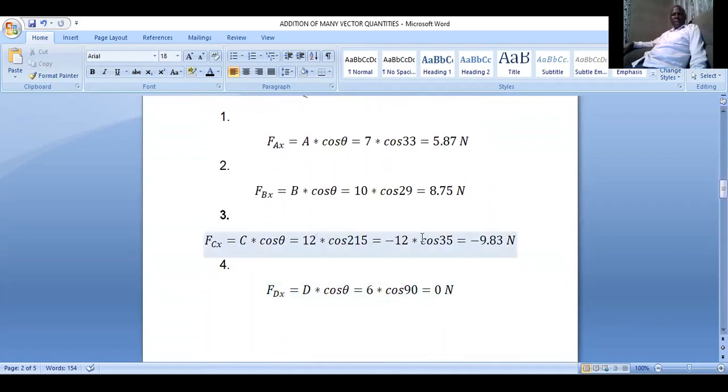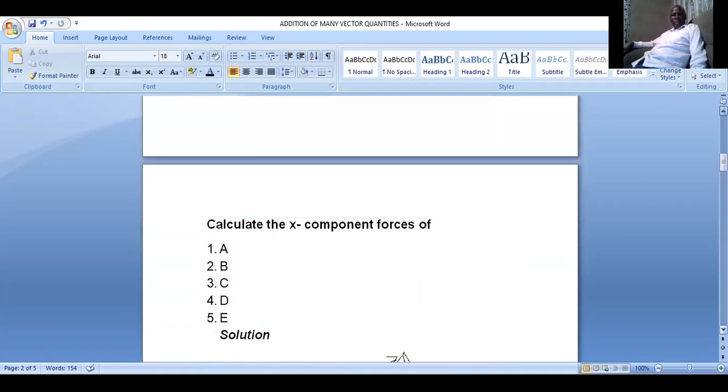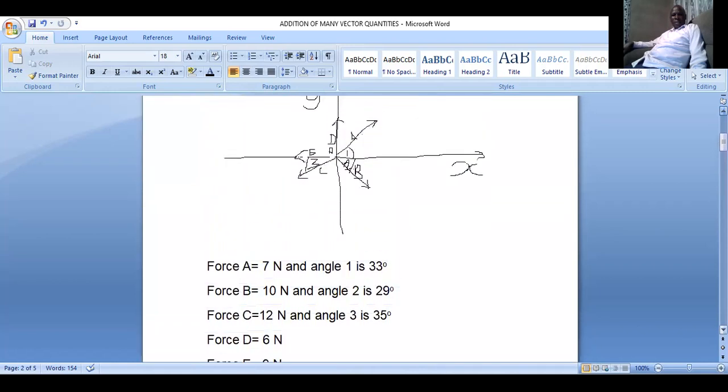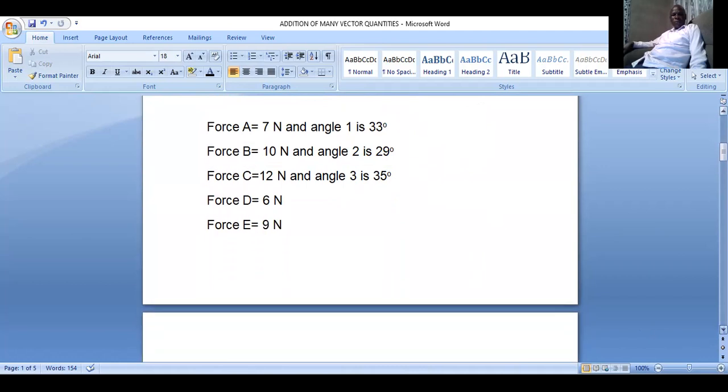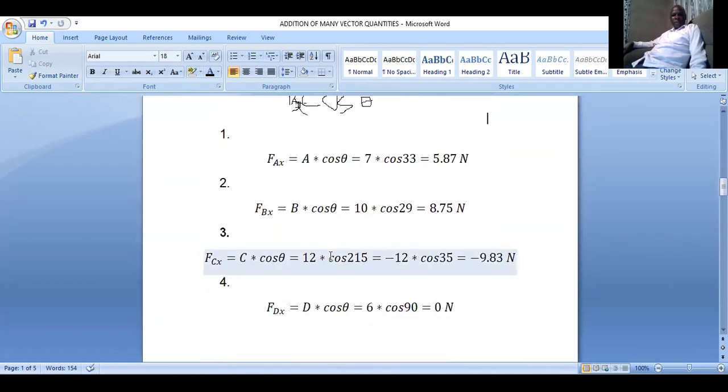And therefore, for C, up to where it is 35, you have to add 180 plus 35, and to reach this point here, it gives us 215.